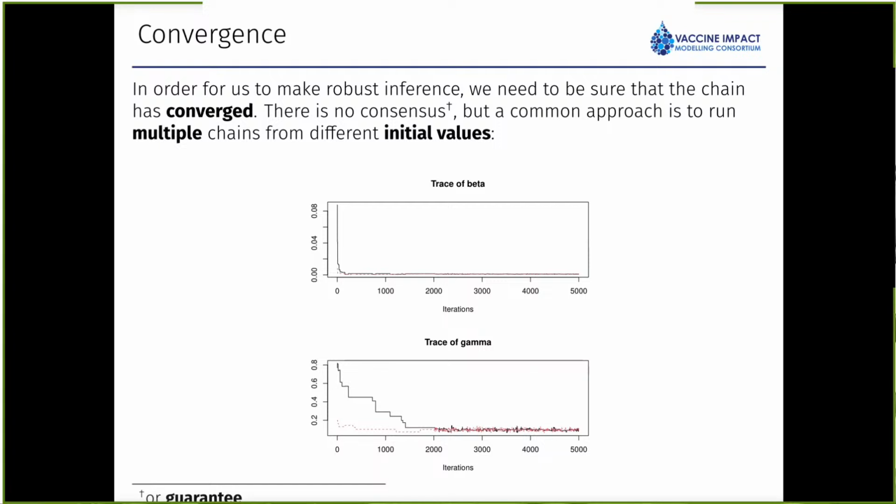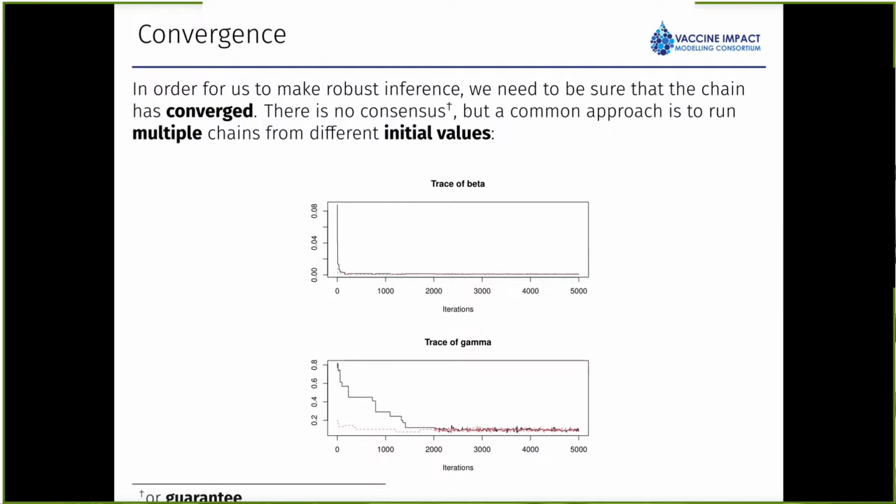You push a button and you get a test for convergence and everything is fine. Okay, there are disagreements in the literature about how best to do this. There is also no guarantee that the MCMC will converge in a finite number of iterations. Okay? It is guaranteed to converge if you run it for an infinite number of iterations, but obviously we can't do that because we have lives to live.